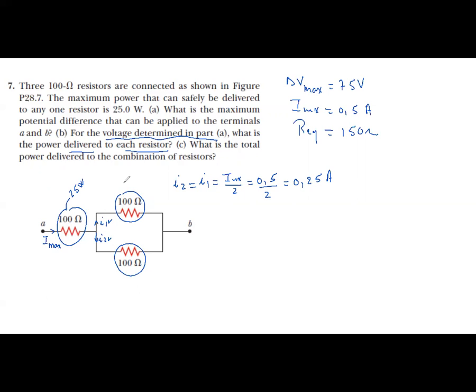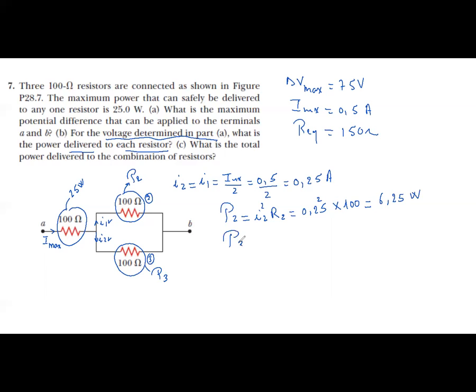Now we can calculate P2 and P3. P2 equals I2 squared times R2, which is 0.25 squared times 100 equals 6.25 watt.